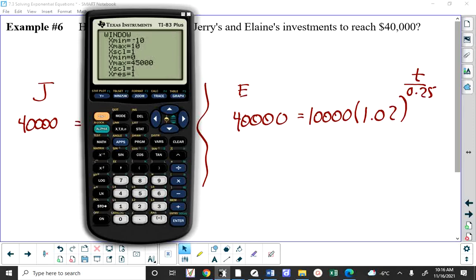So in my window setting, I should go up to maybe 20. So there's the 40,000. Here comes Elaine's investment. Can find the intersection point and get 17.501.